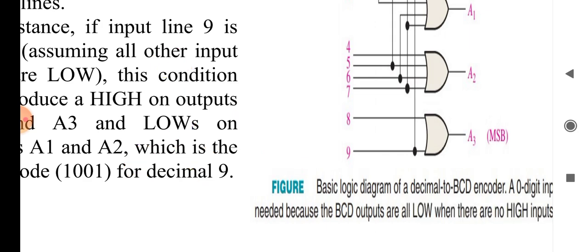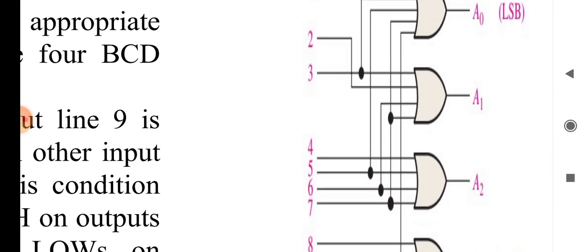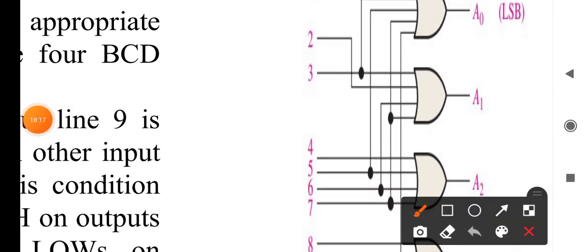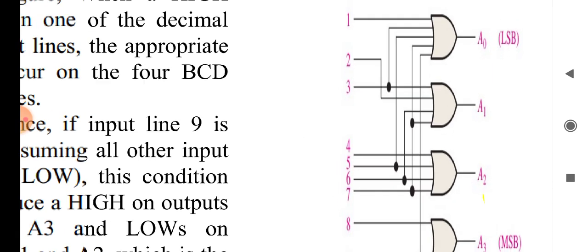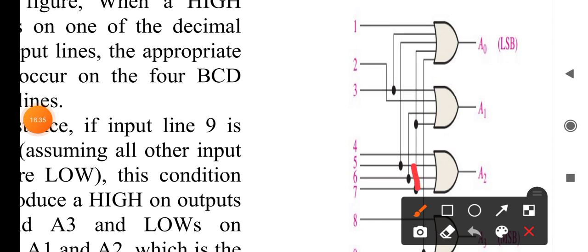So that is why here you can see that 7 is being connected to the OR gates for A2, A1 and A0.